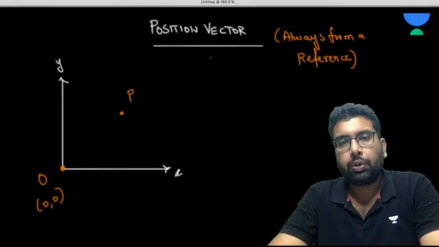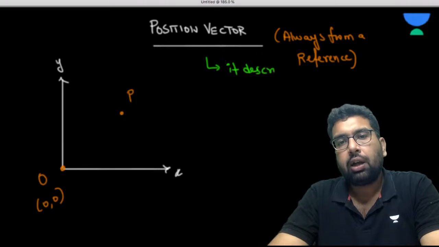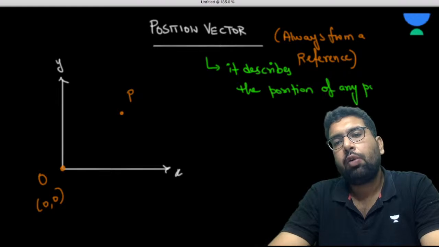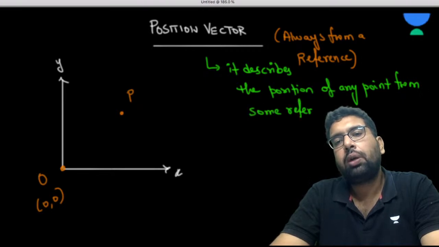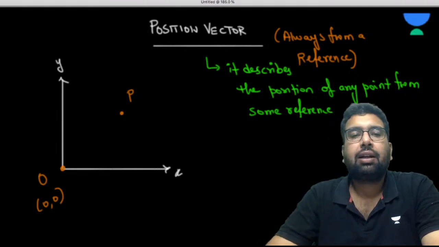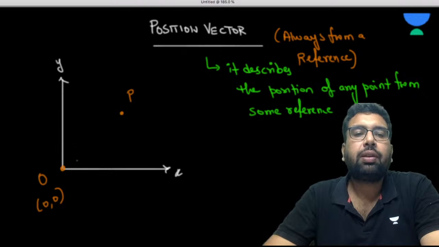So the position vector describes the position of any point from some reference. See what you need to do here: we need to connect the reference point to this point.